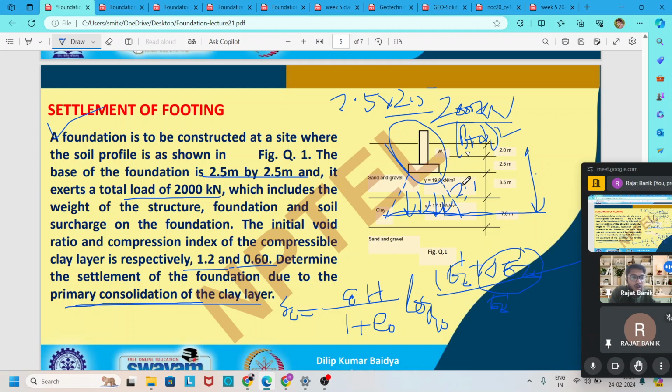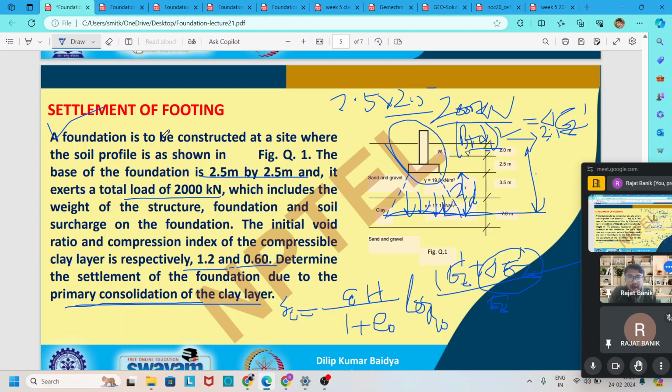D is nothing but the depth from the base of the foundation to the middle of this clay layer. This is for the 2:1 formula, giving delta sigma z. For effective stress, we simply calculate by the formula gamma dash into h.